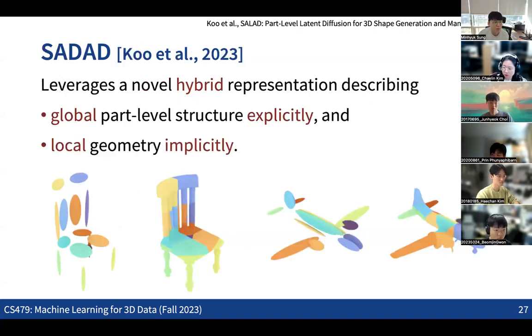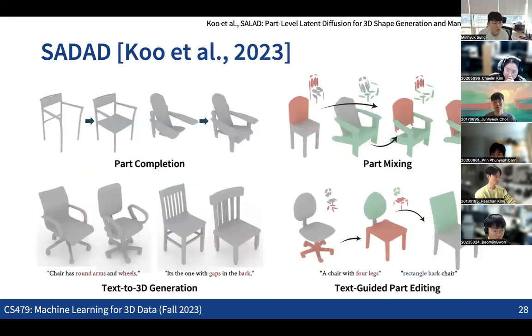And this is also our research that we have done this year, in terms of how we can deliver a hybrid representation, taking the benefit of both the explicit and the latent, implicit representations. We have a global structure representation in a more explicit way, having some parts, and then representing the details of each part in an implicit way, so that we can get very high quality outputs, as you can see.